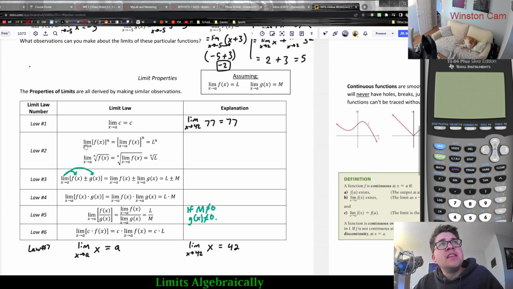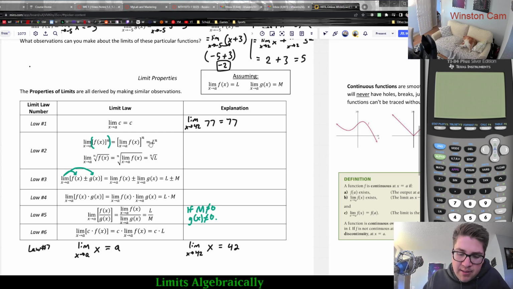So the difference in these two expressions is that on the left, it's saying the limit of the whole thing is equal to, well, now we can take the limit of just f, then raise it to the nth power after. So imagine there's a parentheses here. What this is saying is, take the limit of the entire function to a particular power will be equal to the limit of the function to the nth power.